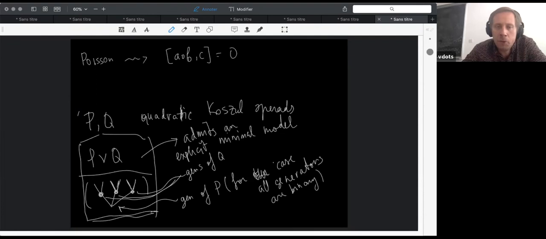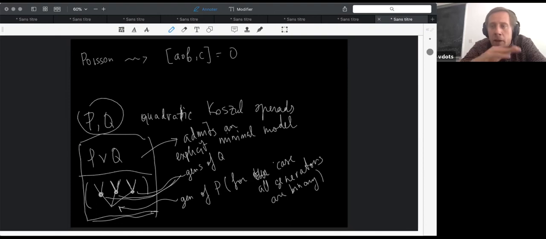So whenever P and Q are quadratic Koszul, even though the operad that you built is now not quadratic, you can nevertheless give it an explicit minimal model which is built in some reasonable way from the cooperad structure of the Koszul dual operads of P and Q. You can write an explicit differential that squares to 0.